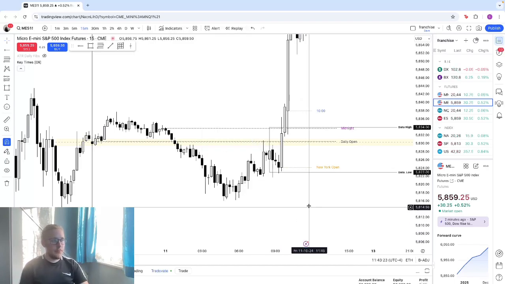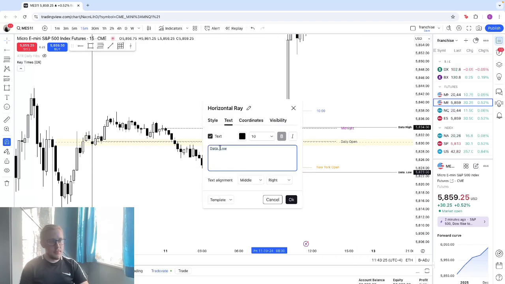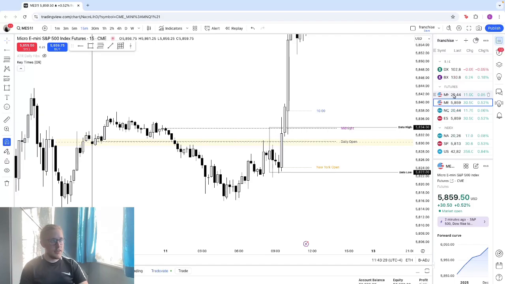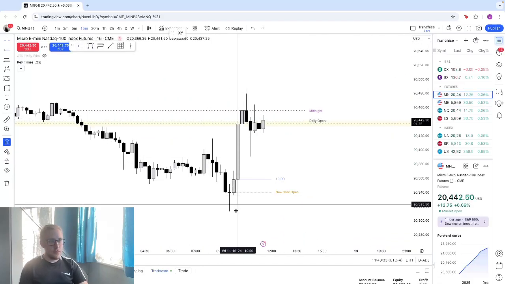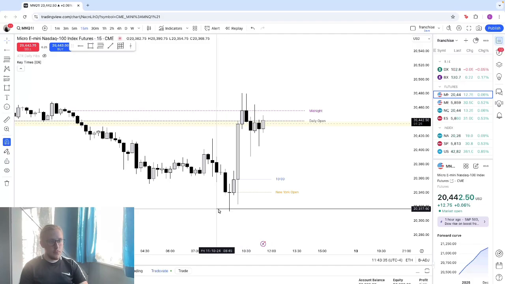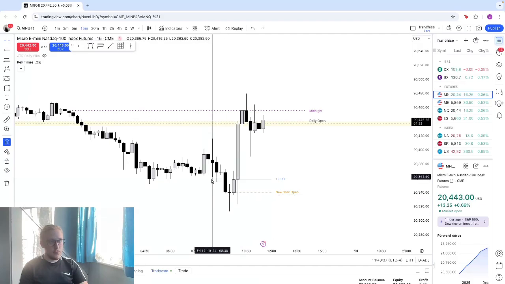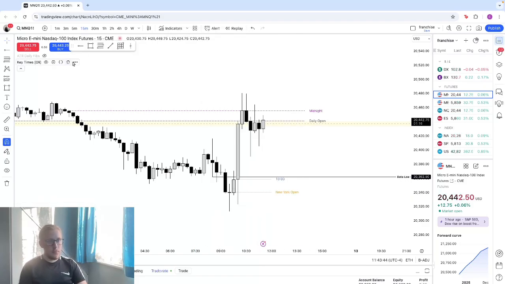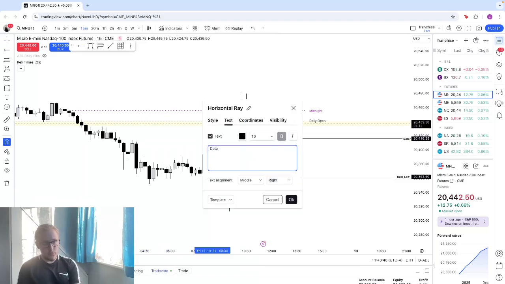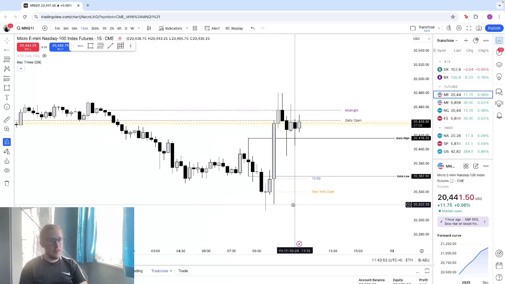Especially on news days, obviously like this, you want to mark your data high and your data low. Cool, so we mark them both out.